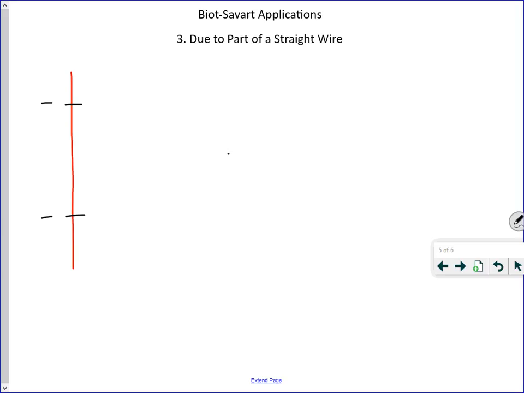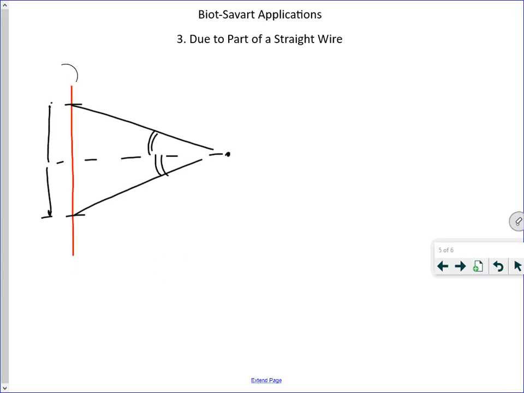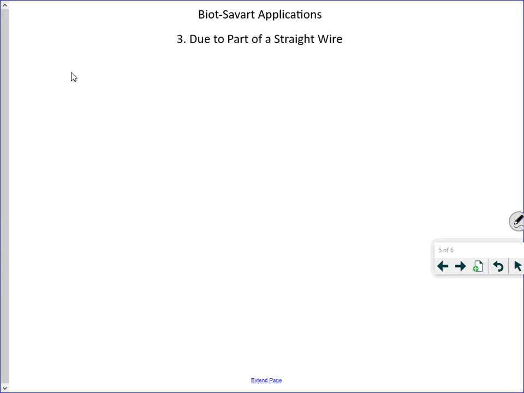Then we're going to start to have things that do vary, maybe from negative something to positive something, or maybe we vary an angle from negative something to positive something to look at the total field there. So that's next steps, but we have an introduction now to what's called Biot-Savart's law.